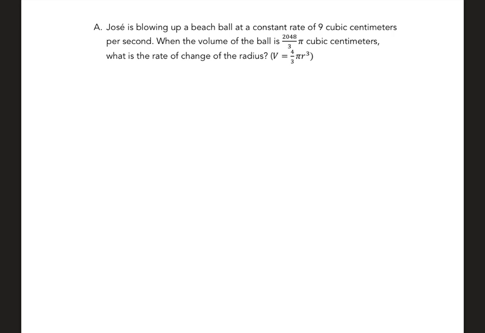go through the problem. Maybe you don't have to, but I'm going to highlight the phrases or sentences that get turned into math notation that we're going to collect over to the side. First they say that Jose is blowing up a beach ball at a constant rate of 9 cubic centimeters per second.